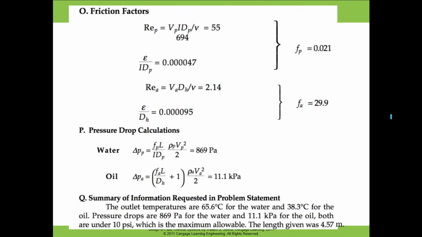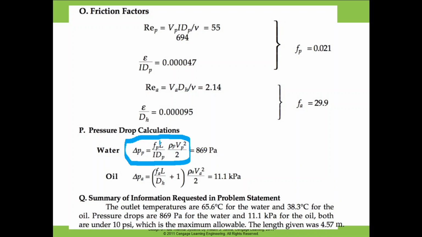So the pressure drop formula for the pipe flow is the same as we used to have in our pipe flow network. So the pressure drop formula, delta P equals f multiplied by L divided by IDP, and multiplied by rho divided by 2 Vp square.